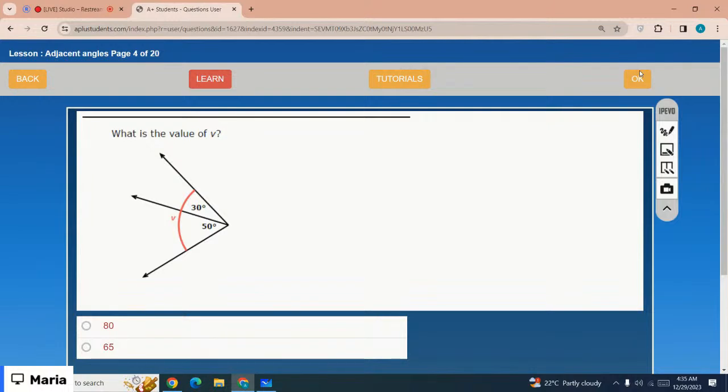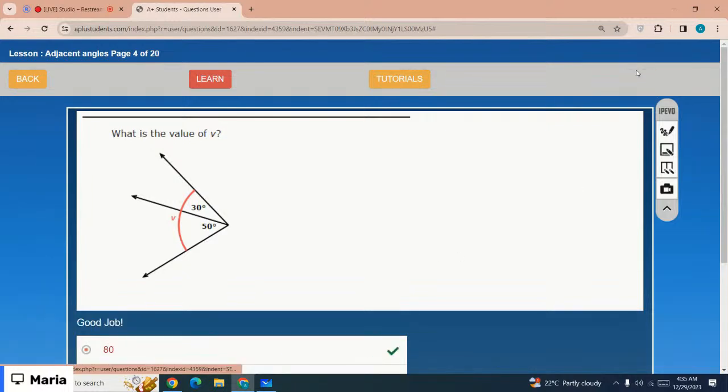What is the value of V, which is the correct option? The correct option is 80 degrees. Very good.